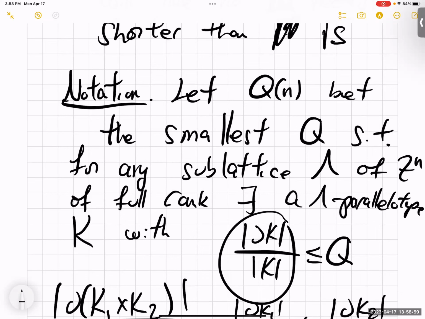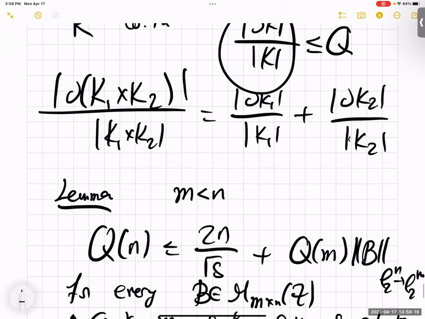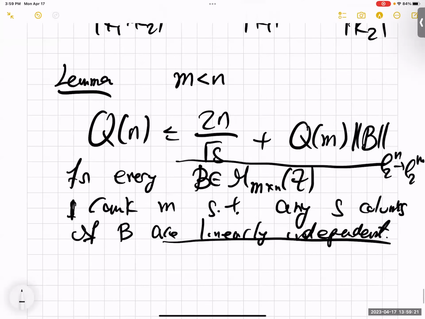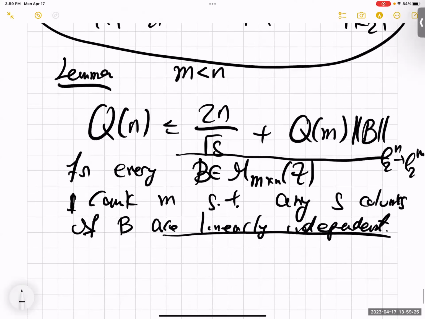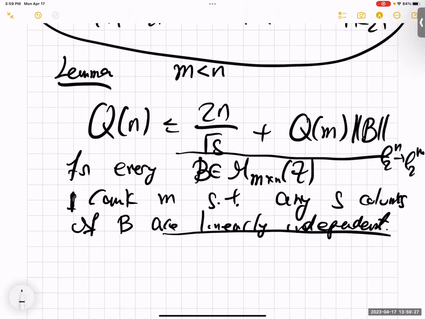Apply B to that lattice, you get a full rank sublattice of Z to the M. Apply the induction hypothesis, take it back to Rn by applying B inverse, which is allowed because B is invertible on the span of the rows, and then the additive term is just this additivity property of the ratios. So you bound and you just check the details.